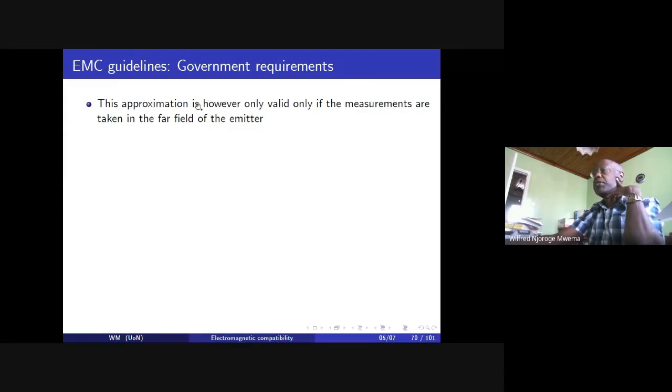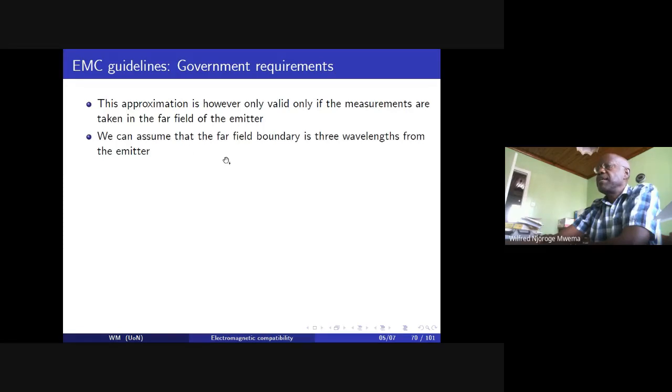This approximation is only valid if 10 meters is in the far field of the emitter, that is, your equipment, or if the 3 meters is in the far field of the emitter as well for Class B.